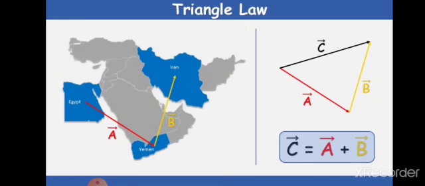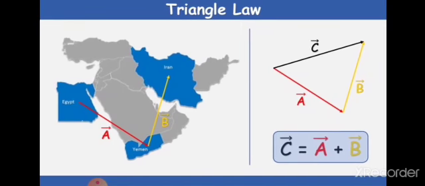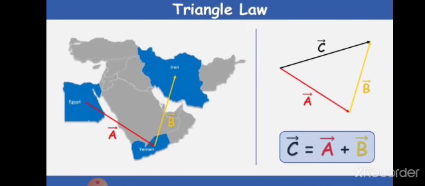Here there are two vectors, vector A and vector B, represented in both magnitude and direction by the sides, and the third vector, the resultant vector C, is represented by the third side taken in the opposite order. Vector A and vector B move in one direction and vector C moves in the opposite order. That is the triangle law of vector addition.